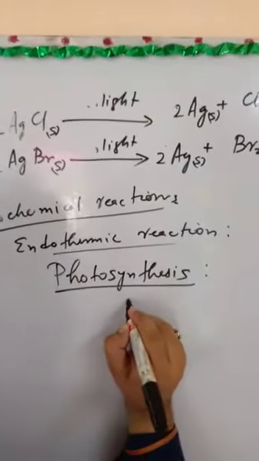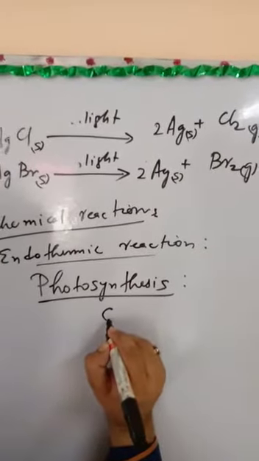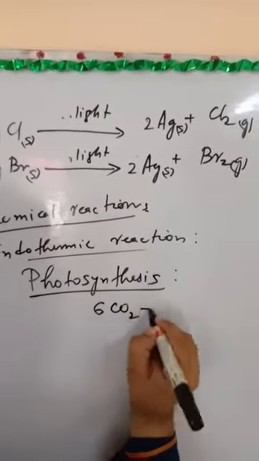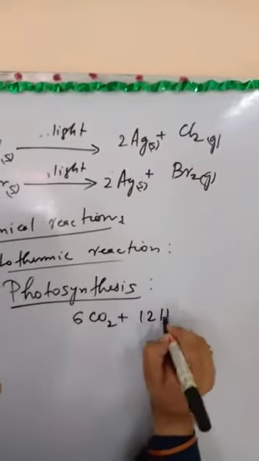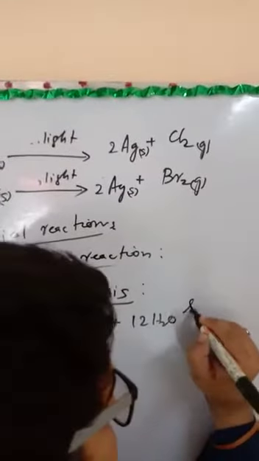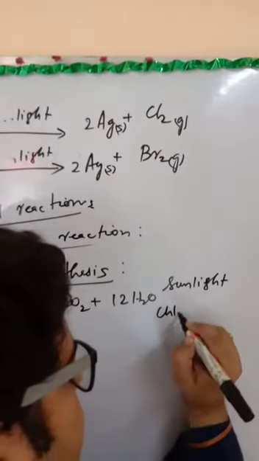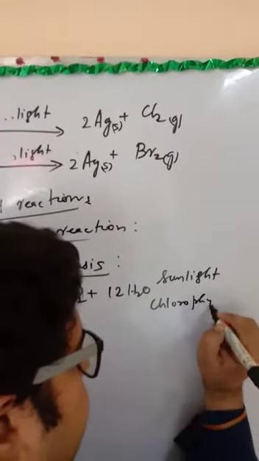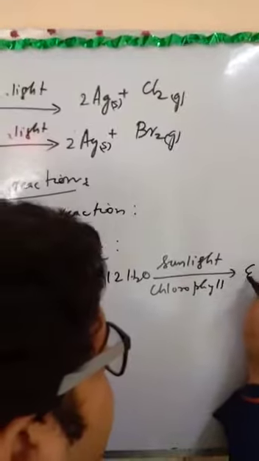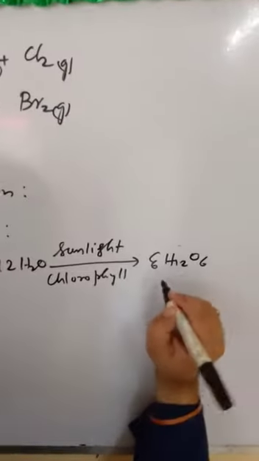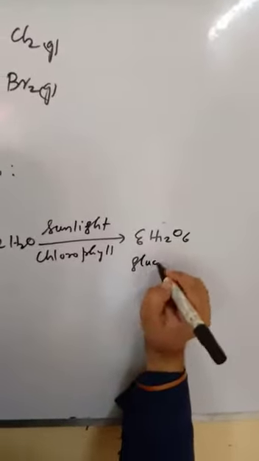Writing the equation, 6 CO2 plus 12 H2O. You need sunlight. You also need chlorophyll. You get C6H12O6. This is glucose.